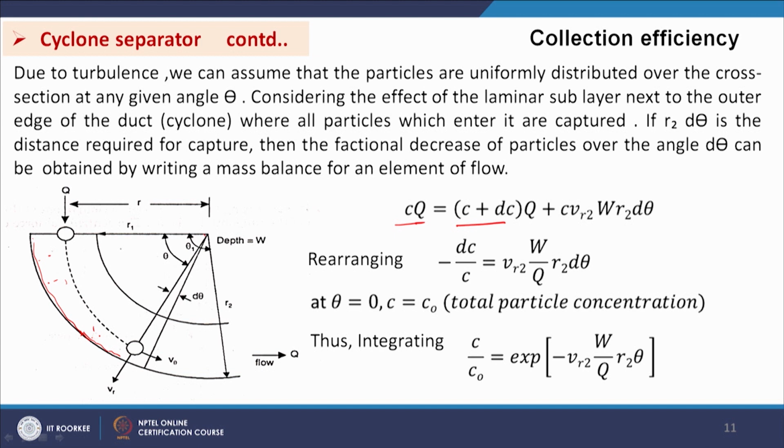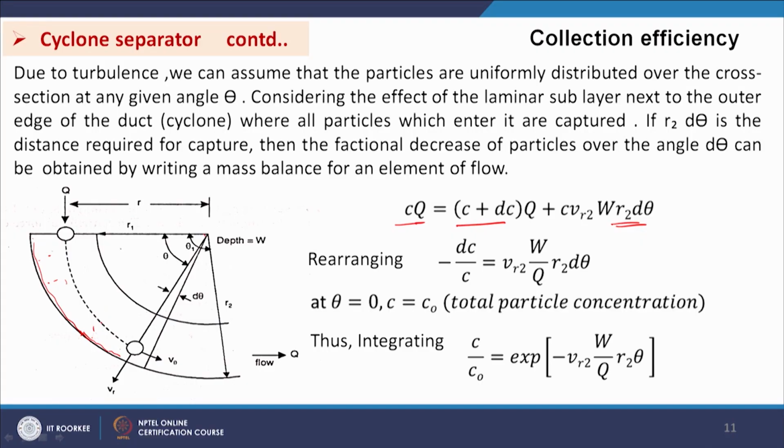So, cross sectional area into V r into concentration. So, what is the cross sectional area? We know that W is the height and r2 d theta is our one side. So, this r2 d theta into W is our cross sectional area.